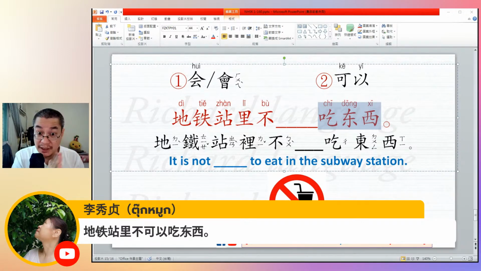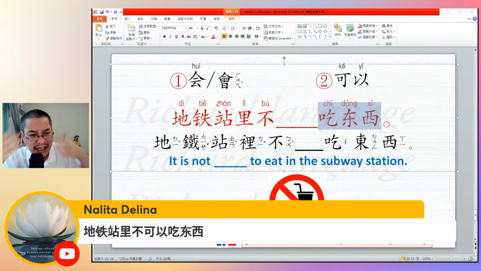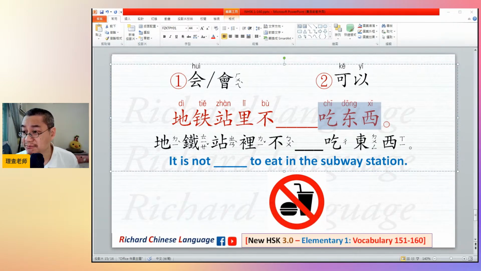Then you can use 可以 or 能. Here, the answer is 可以. Of course, you can use 能 also. 地铁站里不能吃东西。好，地铁站里不可以吃东西。Very good.